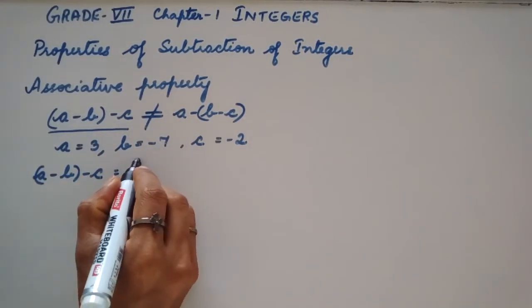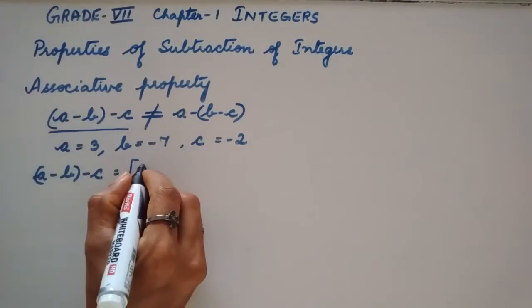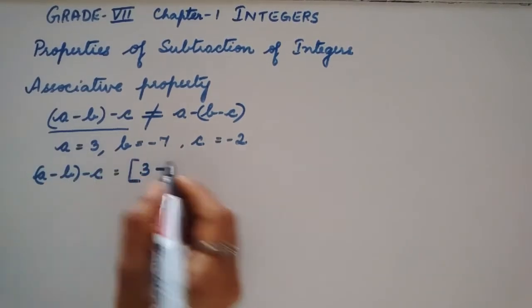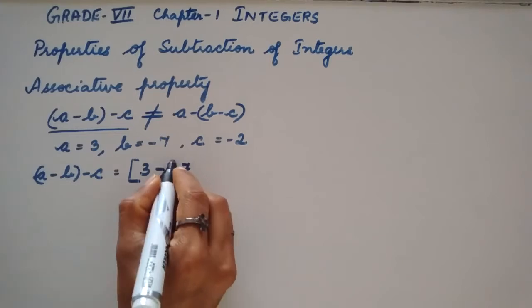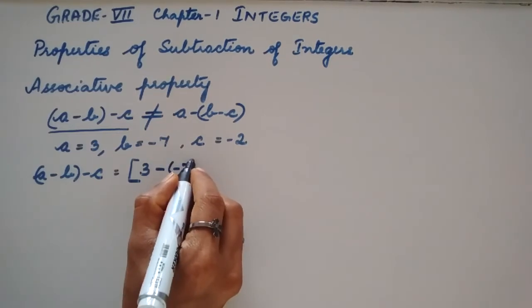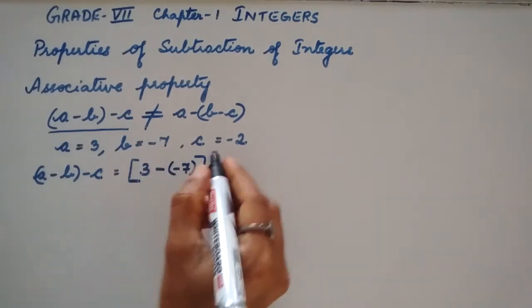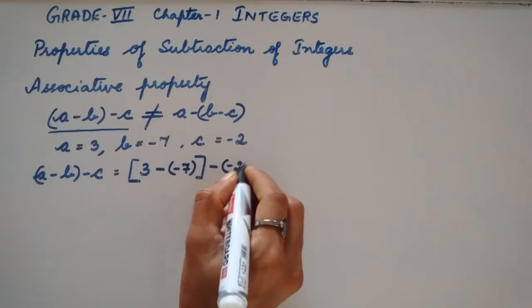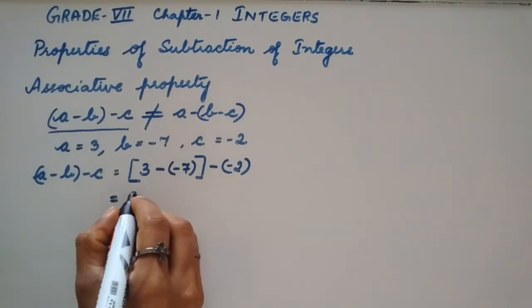So here we have a as 3. So let us write 3, then minus. What is b, students? B is minus 7, isn't it? Minus 7. Then we close this bracket. Then minus. What is c? C is again minus 2. Let us solve this.